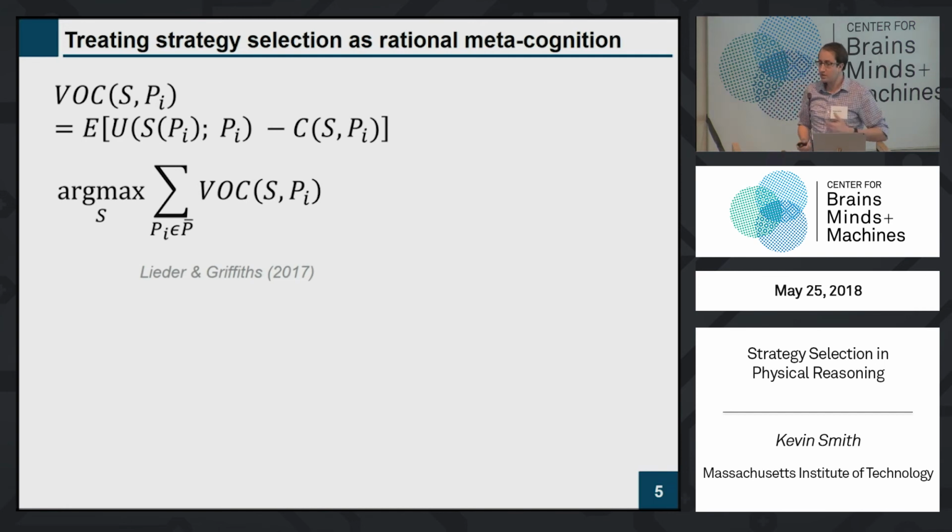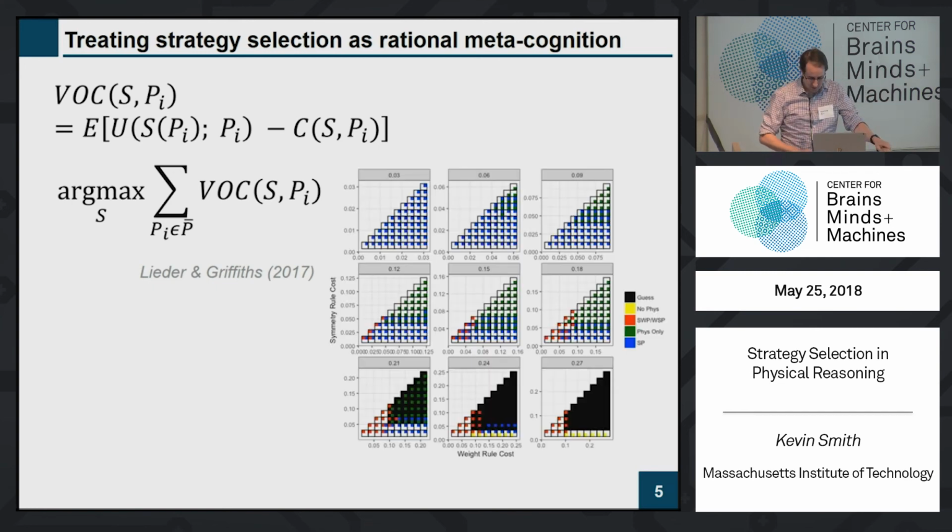Well, we don't necessarily know the underlying costs of applying, say, the symmetry rule, weight rule, or simulation, but we can look over a large regime of costs and say, well, what strategies seem to be the most rational under this framework with those cost regimes? So we did that, and what we find is in certain cases where the costs are very high, well, it's not worth it to even apply any effort. You're not really getting any good return, so you should just guess.